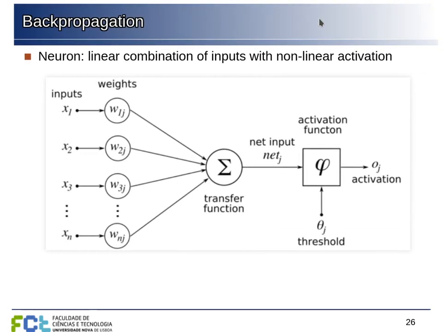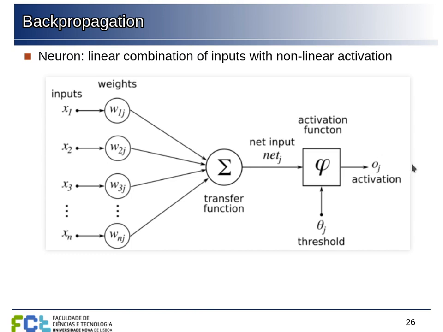The idea here is that we're going to propagate the effect of the error that we're getting on the output of our network to each of the parameters that we need to update, and use that information to know how to change the parameters. So if we have a single neuron, we have, after the activation function, an output value here.